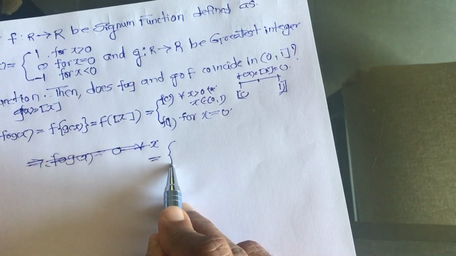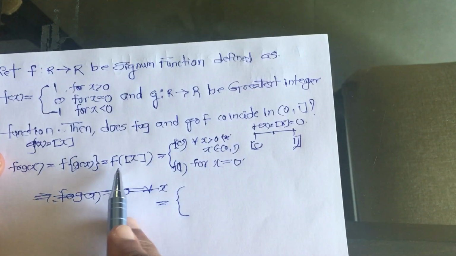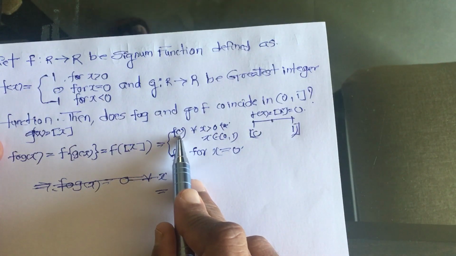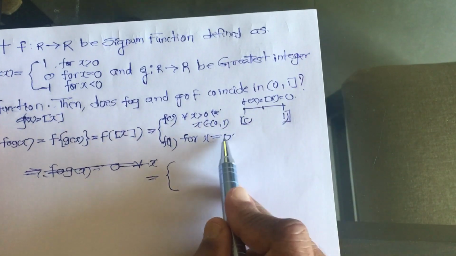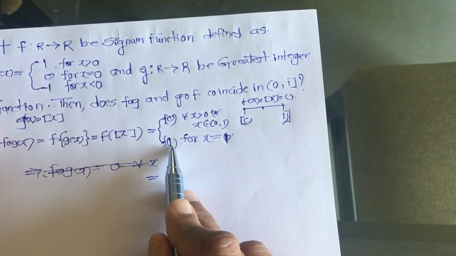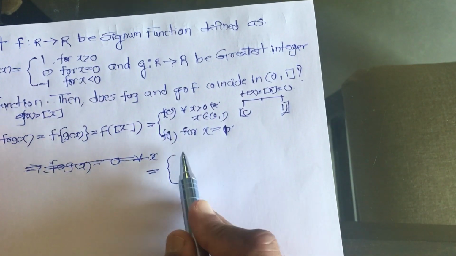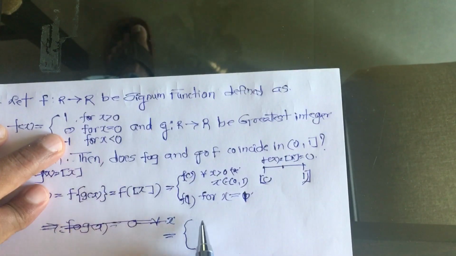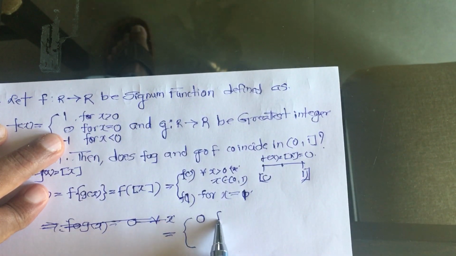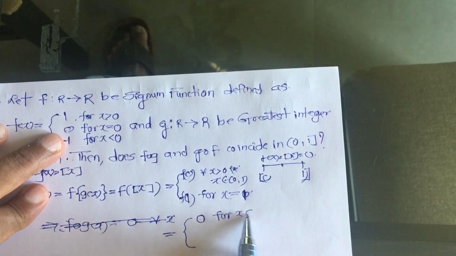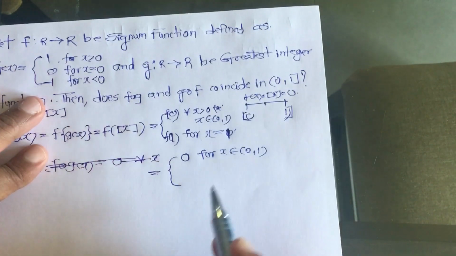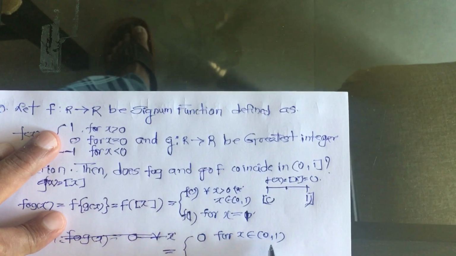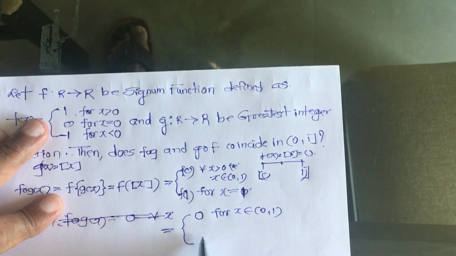Further, f of 0: look here, for x positive, any value between 0 and 1, its value is 0, and for x equal to 1, its value is f of 1, square bracket 1 is 1. Now f of 0 means, when x is 0, the signum function is 0 for all x in 0 1, and for x equal to 1, f of 1 is also 0.